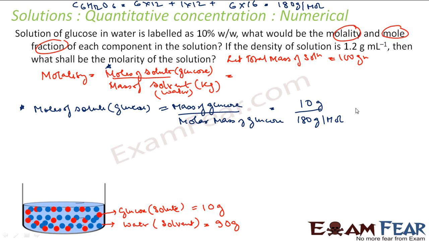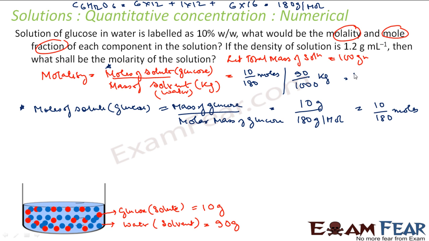So this will be my number of moles. I'll not solve this. This will come 10 by 180 moles. Let's put the values directly: 10 by 180, divide by mass of solvent in kg. That is mass of water, 90 grams, divided by 1000 to make it in kg.